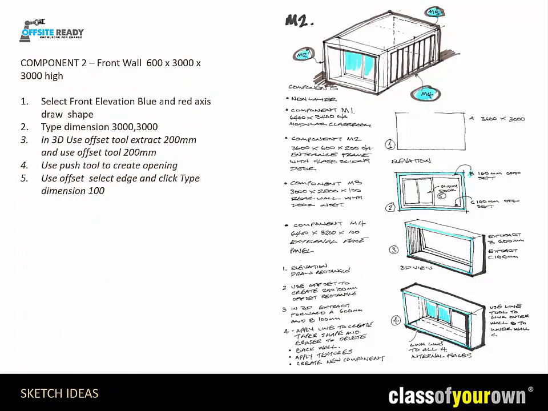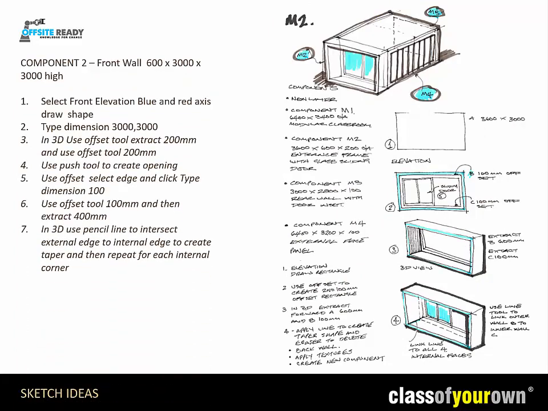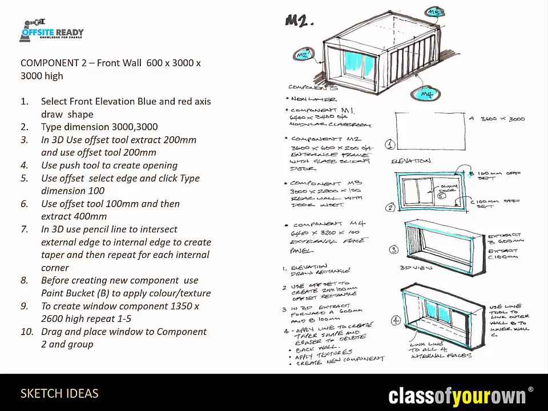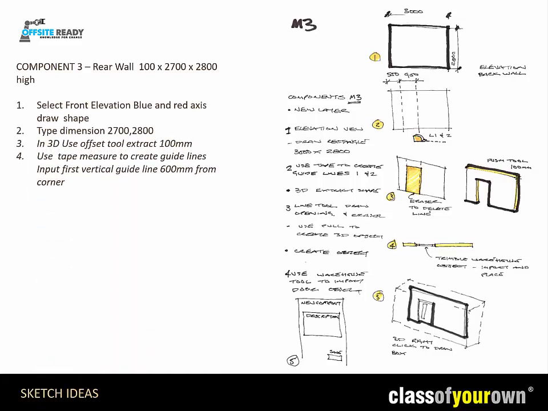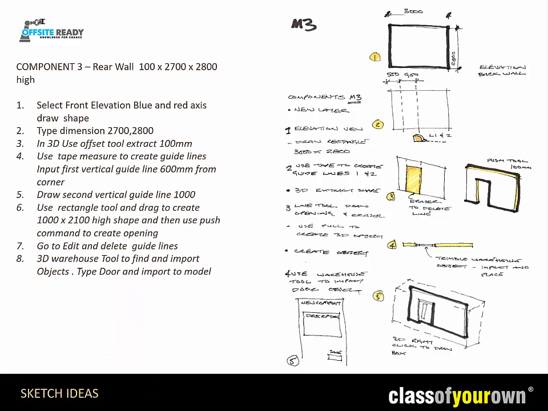Component 2 is the front wall, which is 600 by 3,000 by 3,000 high, and that includes the creation of a glass door, which we put to the front. Component 3 makes up a rear wall, which is 2,000 by 700.